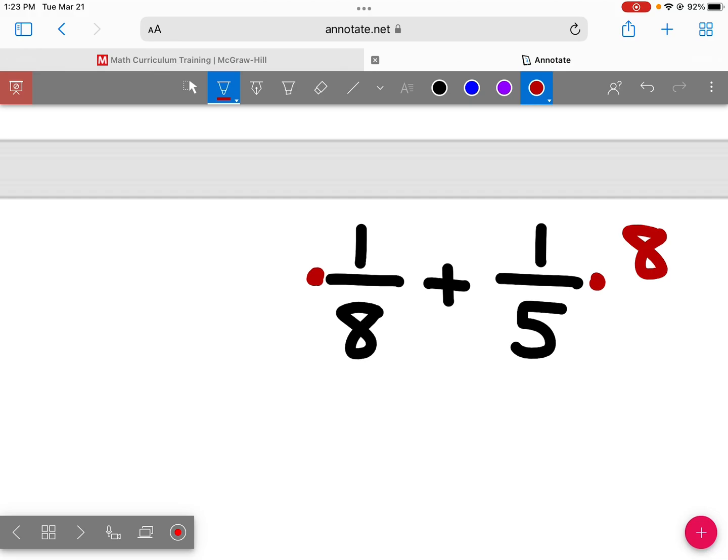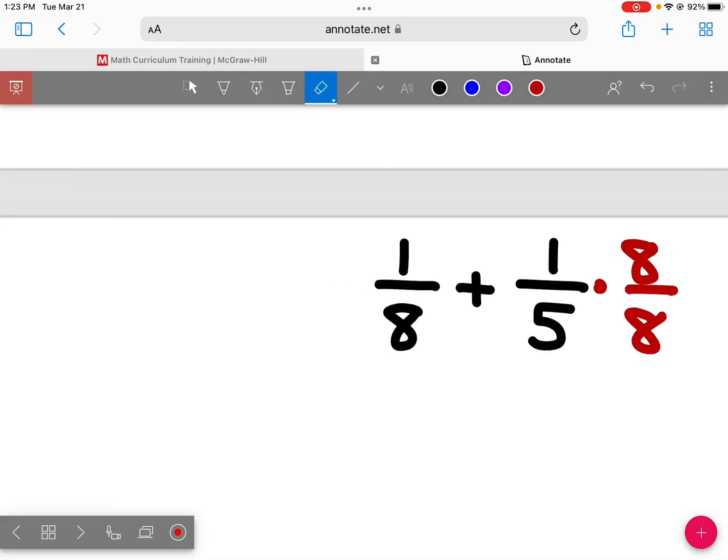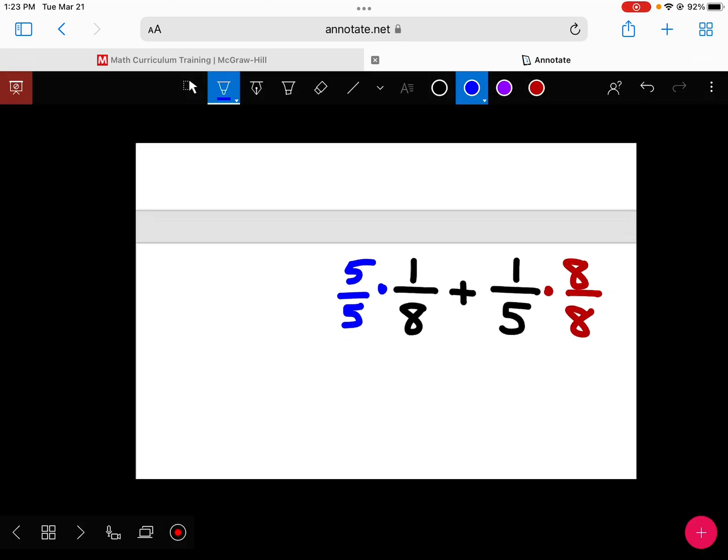Multiply the first or the second one, top and bottom, by 8. What about the first fraction? Because that would give me 40 on the bottom down here. Multiply it by 5. So I multiplied the first fraction by the second denominator and the second fraction by the first denominator.